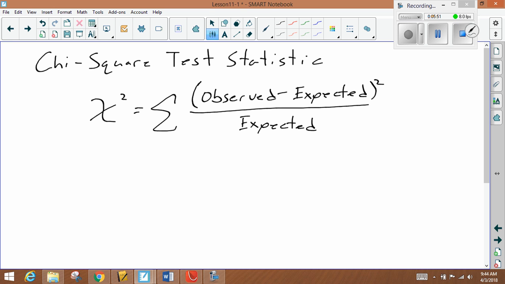And that sum, right, is all of our possible values for some sort of a categorical variable.